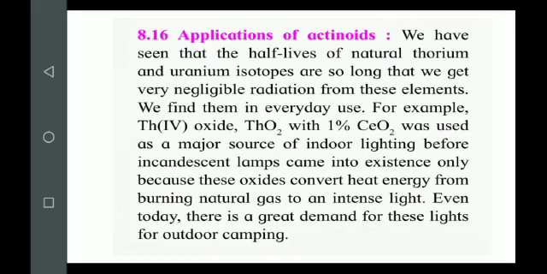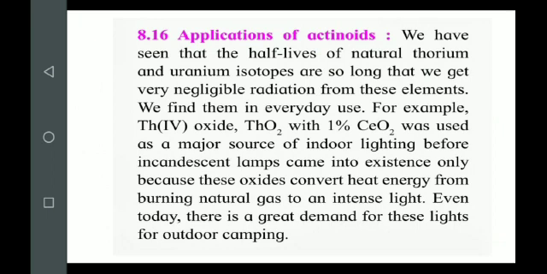Now, applications of actinoids. There are many applications of actinoids, and one should be known by most of you: actinoid elements like uranium are used for making nuclear power plants as well as nuclear bombs. Now, one mentioned here is that the half-lives of the natural thorium and uranium isotopes are so long that very negligible radiation from these elements is observed.